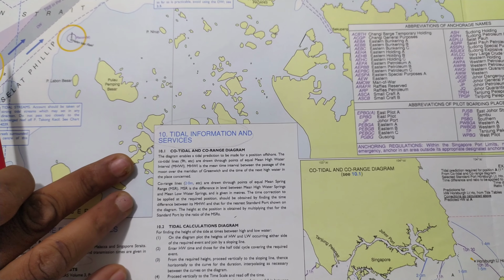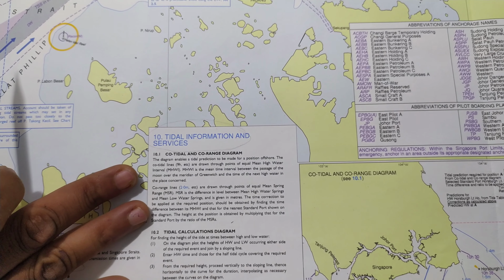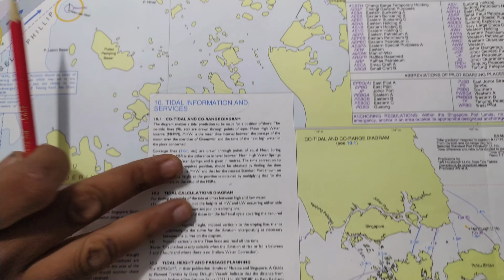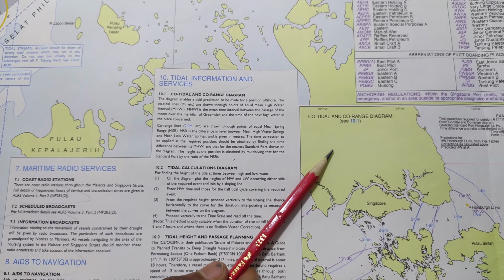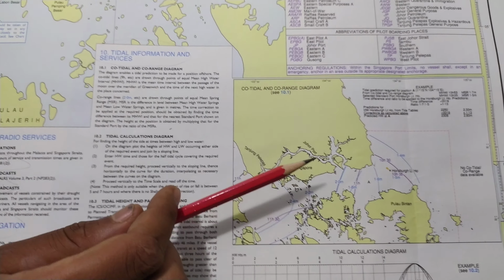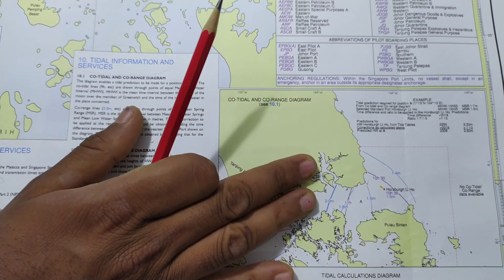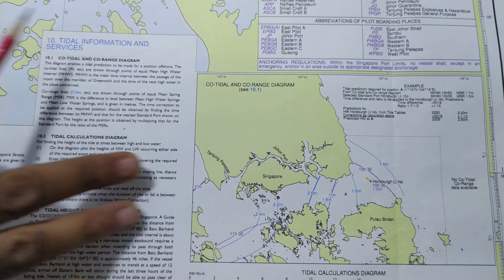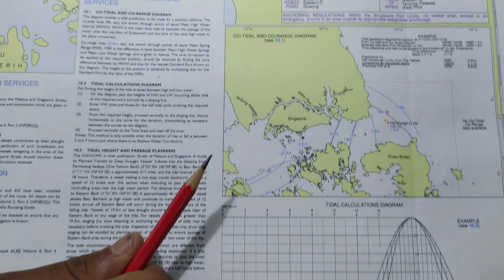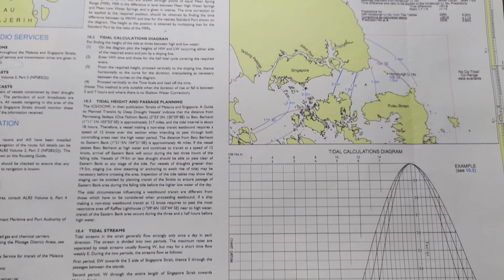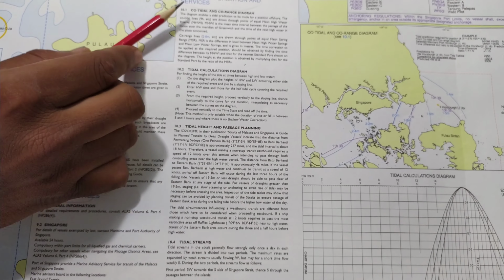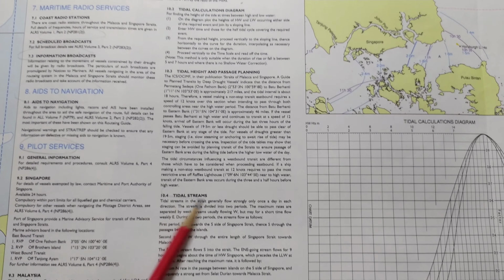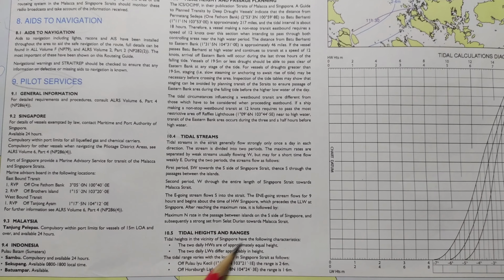For that, they will have a tidal calculation diagram as well as a co-tidal and co-range diagram. I will teach about this at a later time. This chart will give you a panel so that you can calculate it on your own. These two are basically the calculation parts. Then come the tidal streams and the tidal heights and ranges.